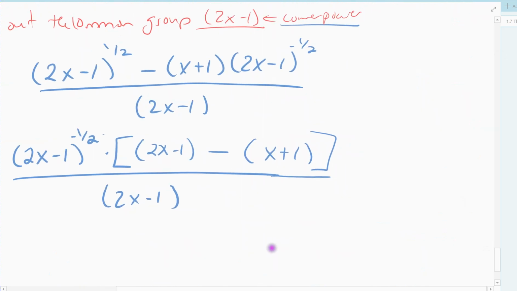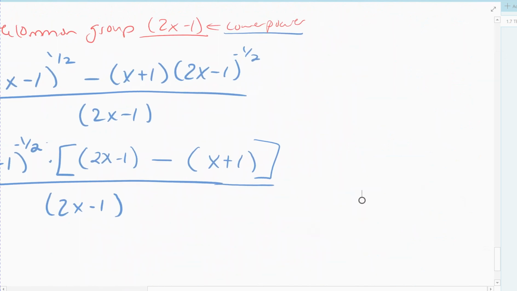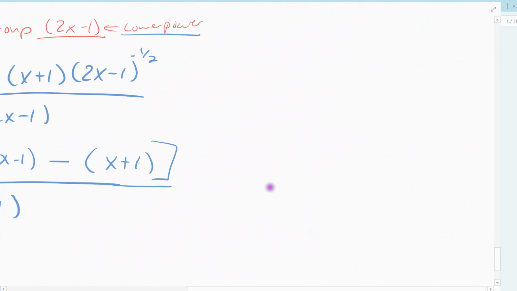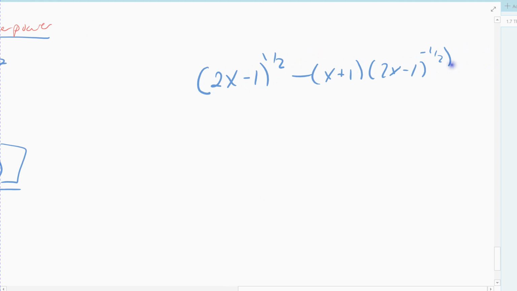Another way, and I'll just explain this a little bit better over here. This is sort of off to the side work to explain how this is happening when we're factoring. So up top I had 2x minus 1 to the 1/2 minus x plus 1, 2x minus 1 to the negative 1/2. When we're factoring, what we're literally doing is dividing out.